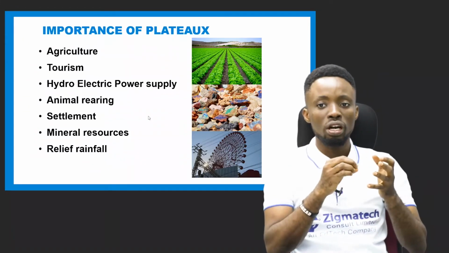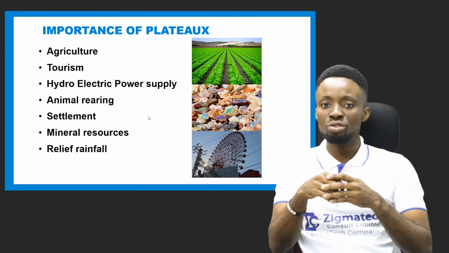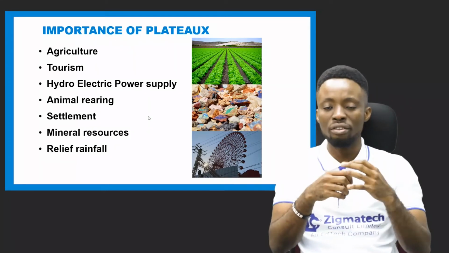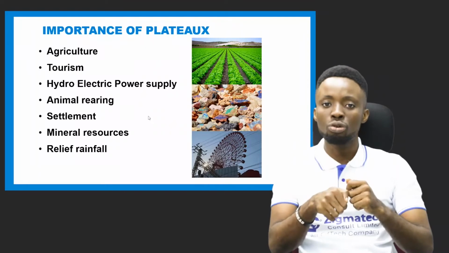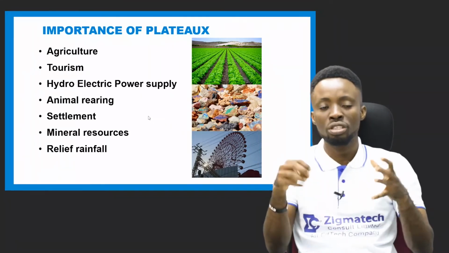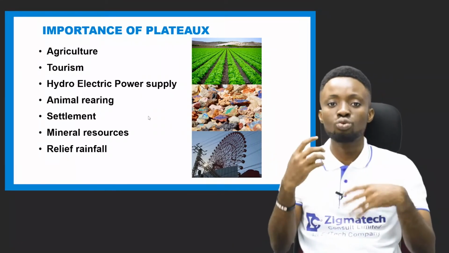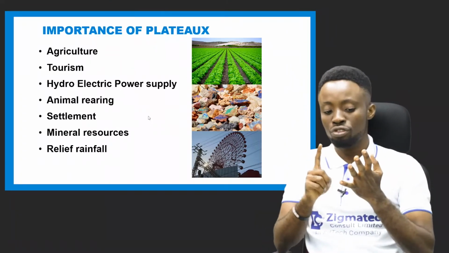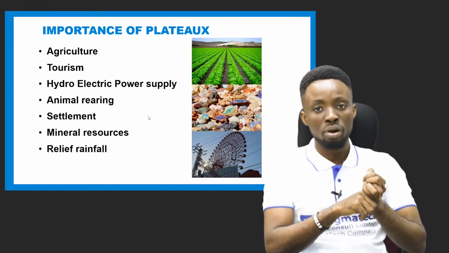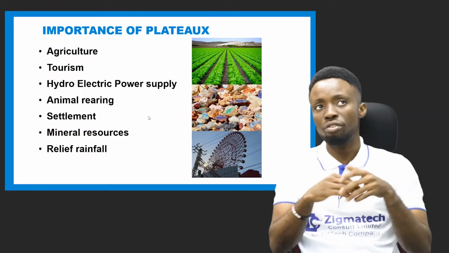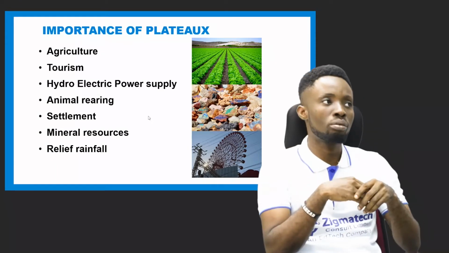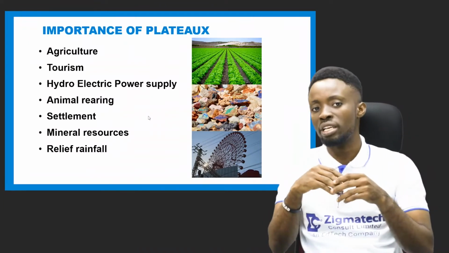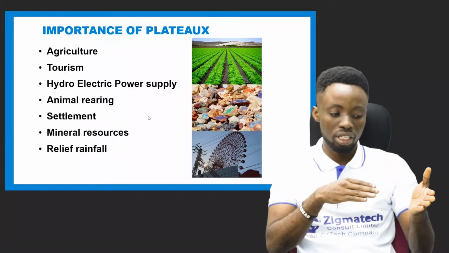Also, for dissected plateaus where we have rivers carving out, or rivers gushing out from such a particular region, these dissected plateaus can as well be used as a source of hydroelectric power supply. Like, let's take for instance the Futa Jallon Plateau, to be precise, the Guinea Highlands.